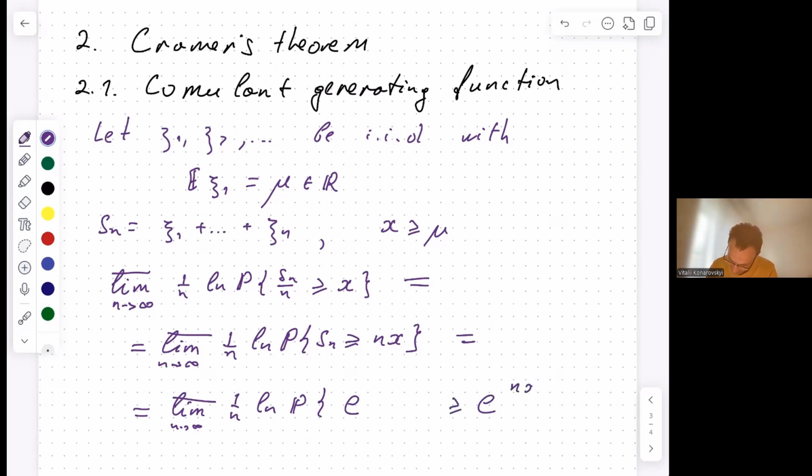I will put nx, I will put Sn, and of course I can take also some positive constant lambda. And here we assume that the lambda is larger than 0.